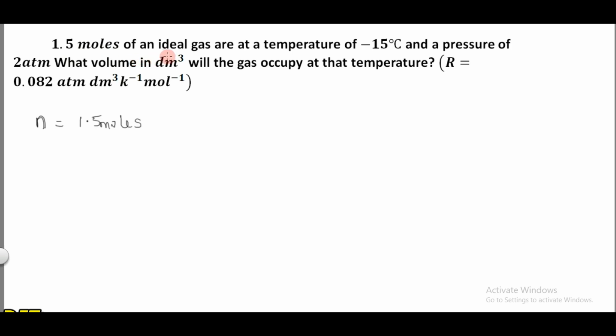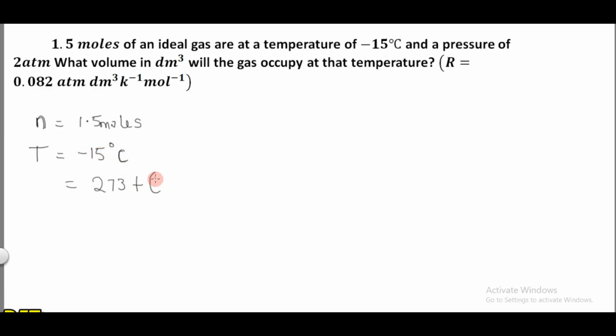So 1.5 moles of an ideal gas at a temperature of minus 15 degrees Celsius. So the temperature is minus 15 degrees Celsius. And remember, in gas laws, we don't work with Celsius, we work with Kelvin. So if we convert this to Kelvin, this will be equal to 273 plus my temperature in Celsius.